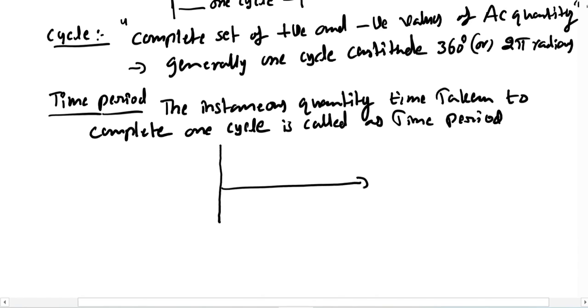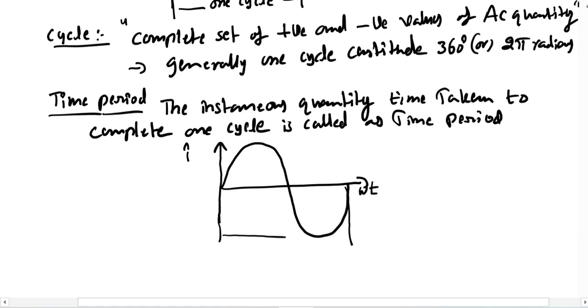If my AC quantity is going like this, and this is my omega t, something like this. So this is one complete cycle. To complete this one cycle, how much time has been taken?